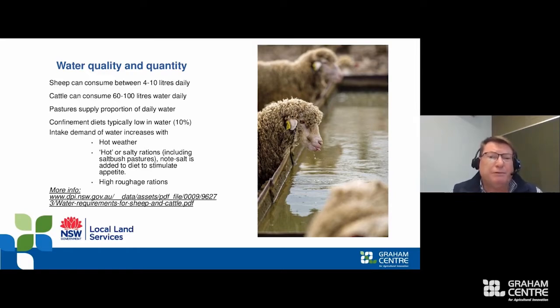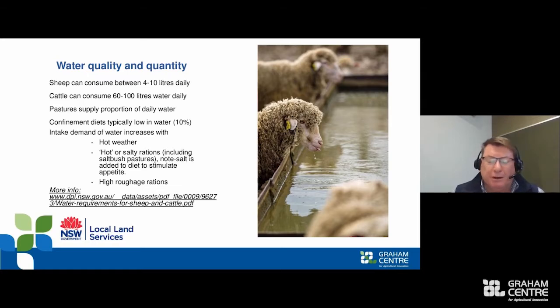Pasture supplies a portion of the daily water, but confinement diets are typically low in water, less than 10%. The main concern is that intake demand for water increases with hot weather. Hot or salty rations will increase water consumption, but at the same time you can get an offsetting effect where the water itself heats up, and once that gets above 28 to 30 degrees Celsius, it will start to limit water intake.